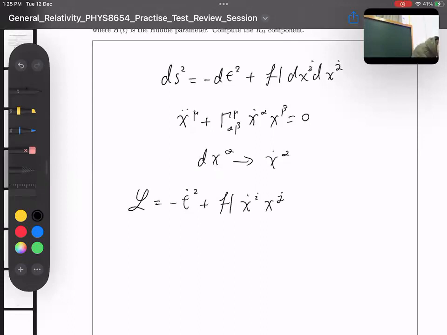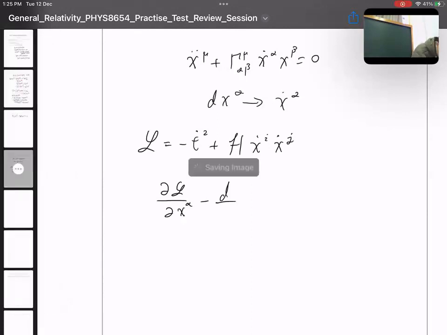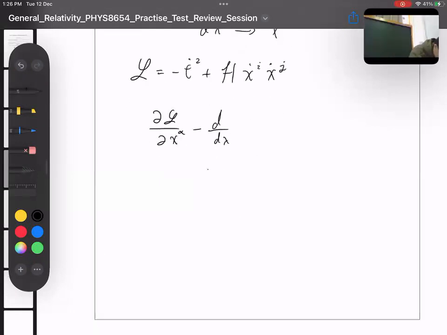If you remember from classical mechanics, the Euler-Lagrange equation is partial L partial x alpha minus d/d lambda. Remember, in this case we're not using time, because in GR there's proper time and coordinate time. So here we have to use the affine parameter. The affine parameter is basically t, lambda, and all the other parameters, x. So all the coordinates are dependent on lambda.